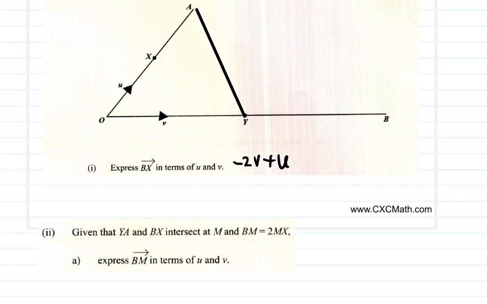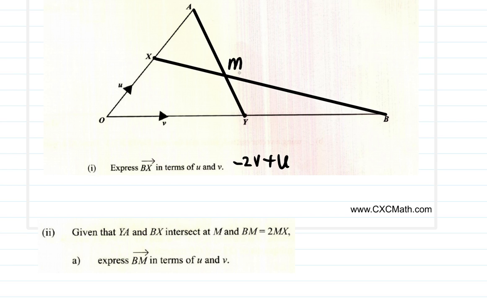So you have Y to A, and B to X. YA and BX intersect at M. So M would be right at the intersection there.